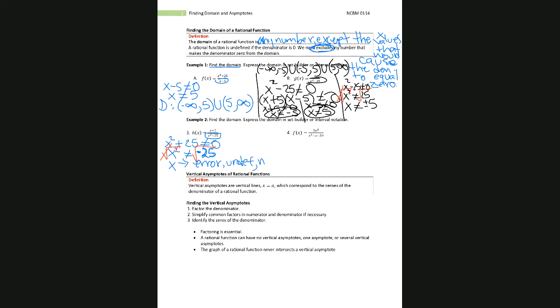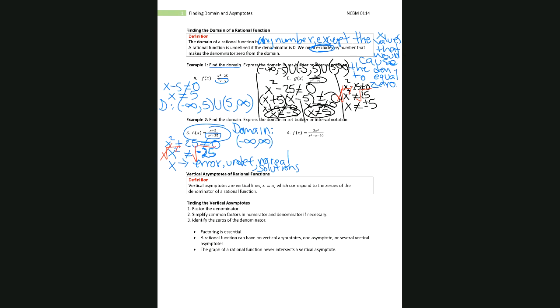The reason for that is because you would need imaginary numbers, which we will cover in chapter 2. So no real solutions. What this means is that for the domain, there are no x values that could cause the denominator to equal 0. And so therefore, there are no exclusions to the domain. So the domain will just be all real numbers.